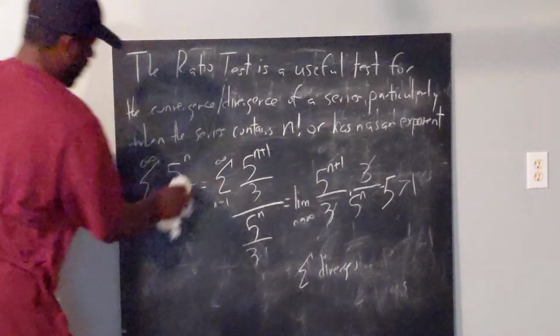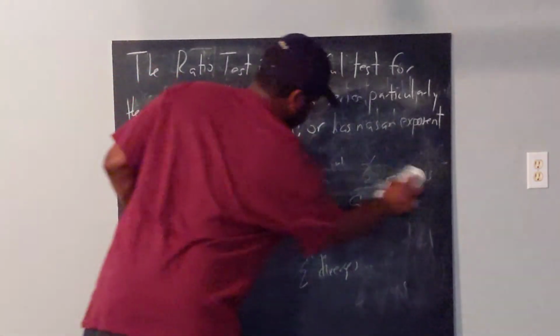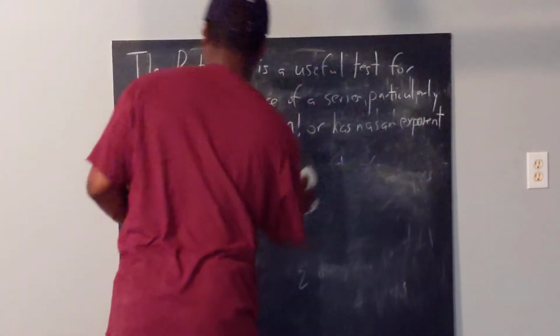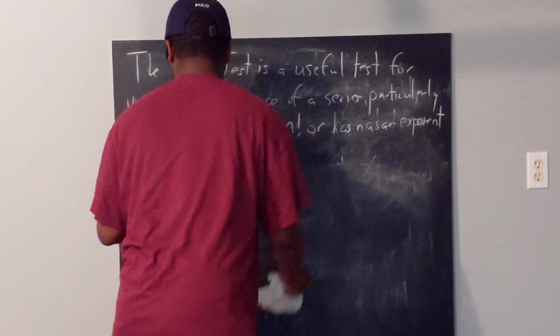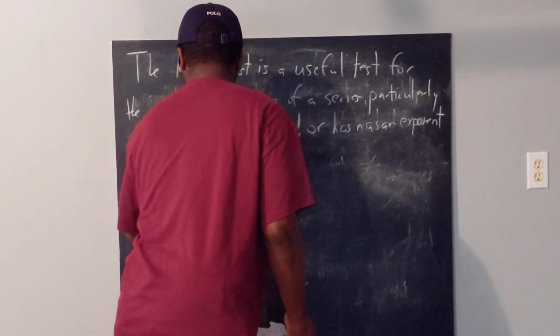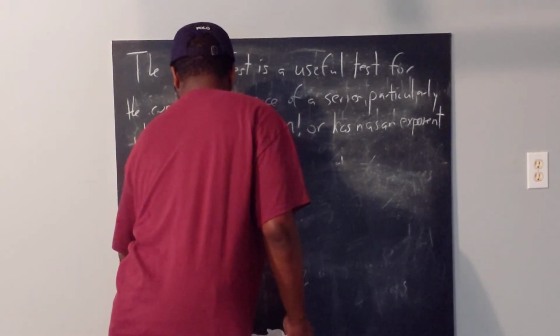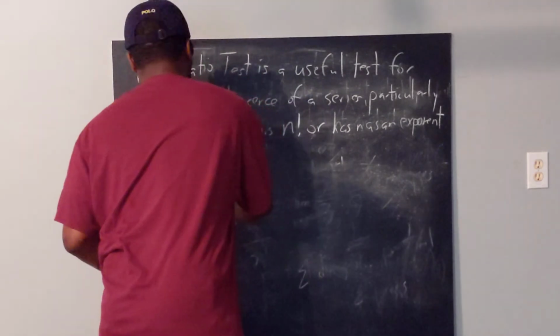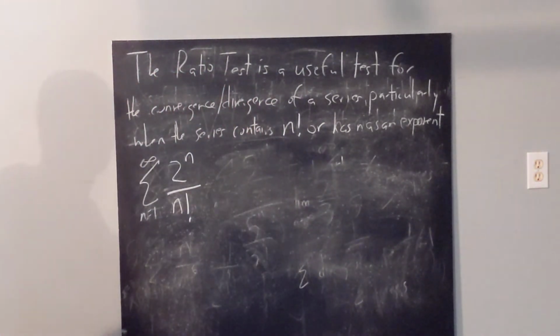All right, so we have this one. Now I want us to look at one that contains a factorial. Two to the n over n factorial. All right, 2 to the n over n factorial.